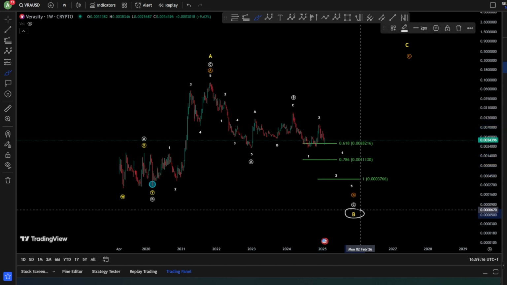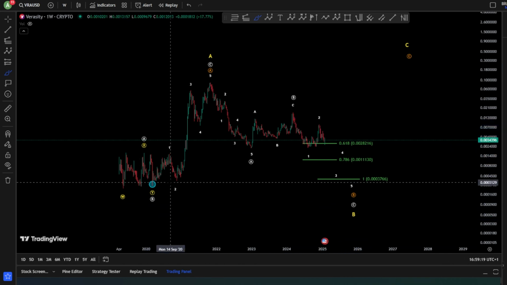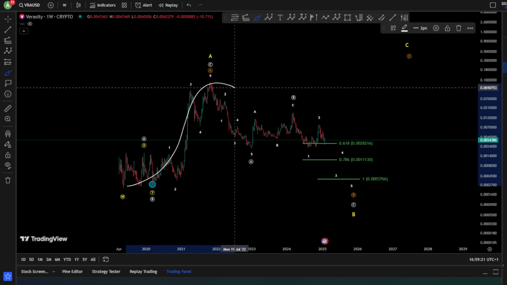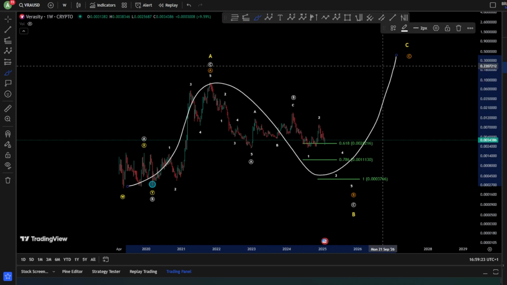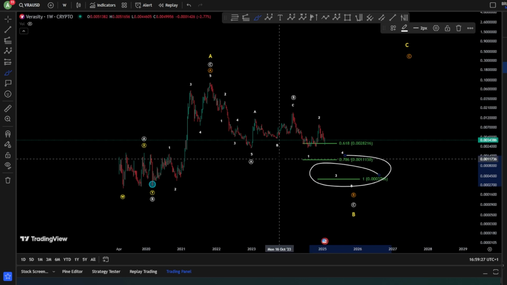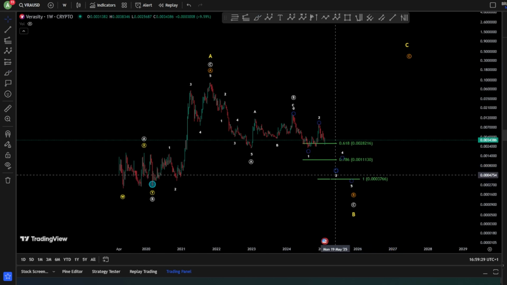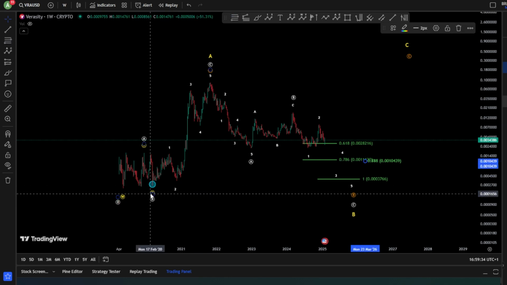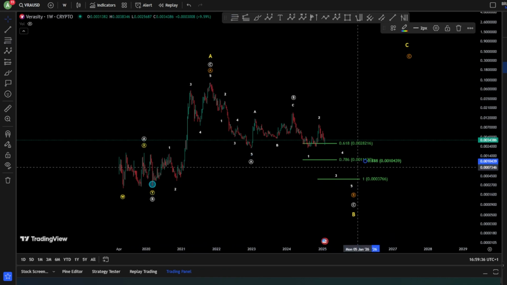And meaning, of course, this is the yellow scenario playing because your wave B is very, very deep, meaning in a regular flat. Your regular flat, your wave B can reach the 0.9 fib level. The 0.9 fib level taken, of course, from the bottom here of the wave A to the top.